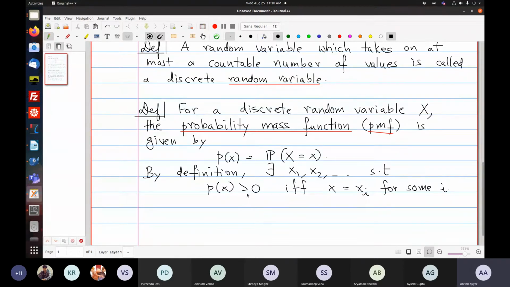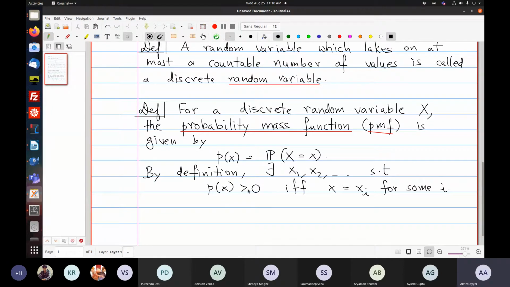Right? So what I was saying was that there are only countably many values where all the probability lives. One often makes an analogy with the physical notion of a mass. You want to think of probability as some kind of mass 1, distributed in various places.